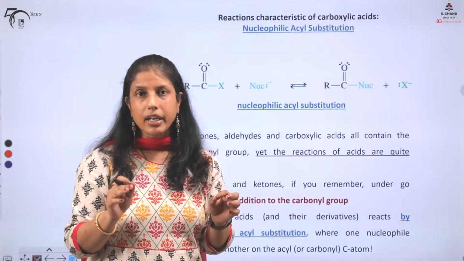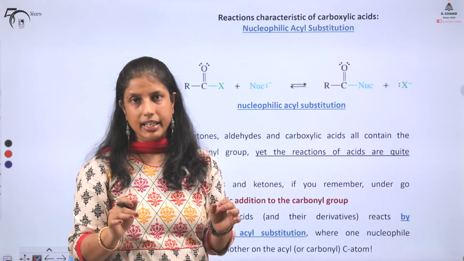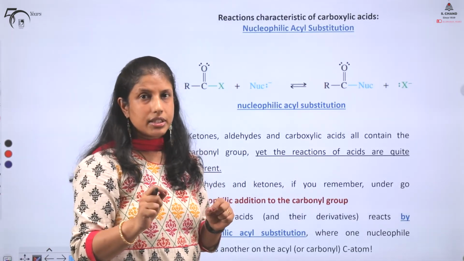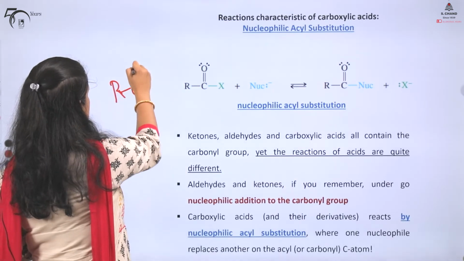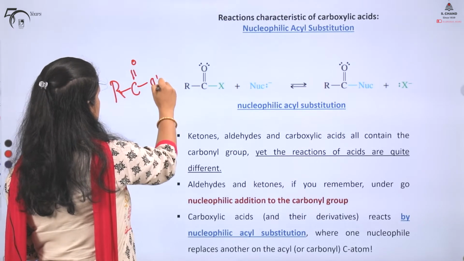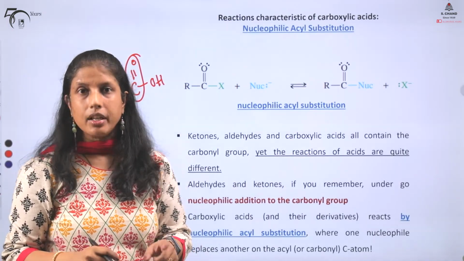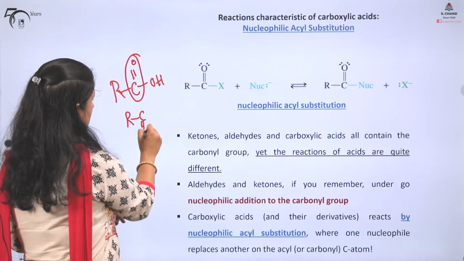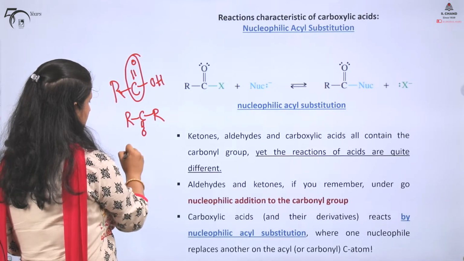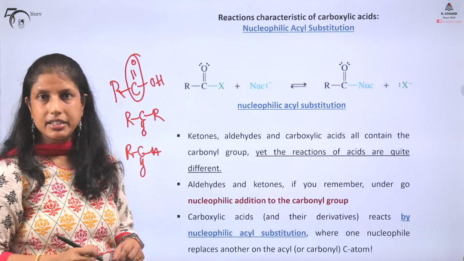Now, let's look at some of the reactions of our carboxylic acids. If you noticed, our carboxylic acids contain a carbonyl group very similar to ketones and aldehydes.